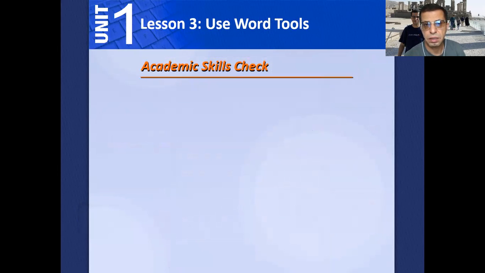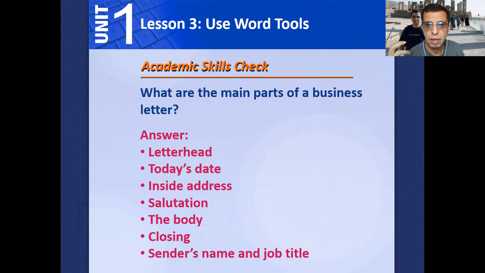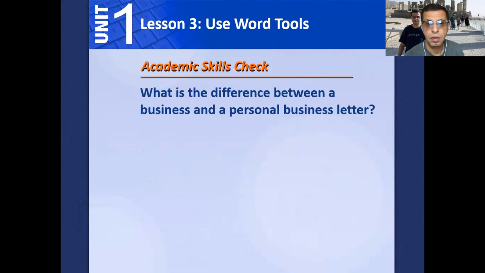So to look at the academic skills part of it, what are the main parts of a business letter? Letterhead, today's date, inside address, salutation, the body, the closing, and the sender's name and job title. What is the difference between a business and a personal business letter?